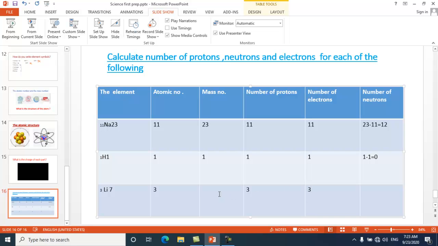What about the mass number? The mass number is written above the element, equal 7. How to calculate the number of neutrons? The number of neutrons equals the mass number minus the atomic number, equal 4.